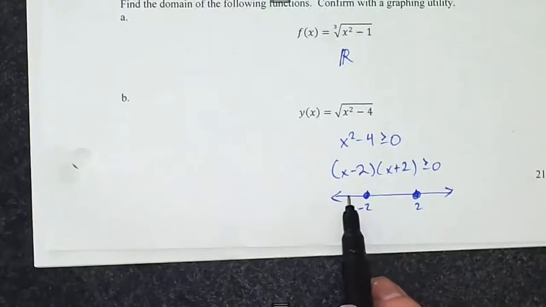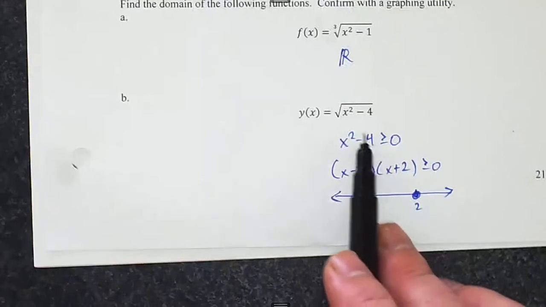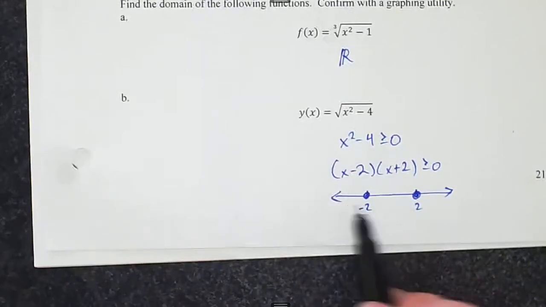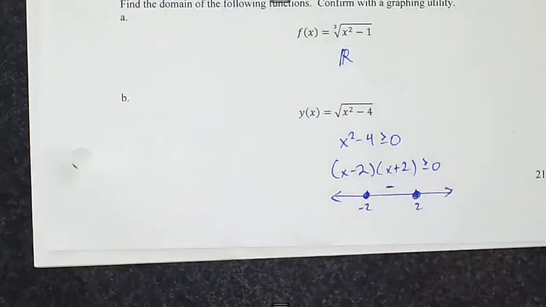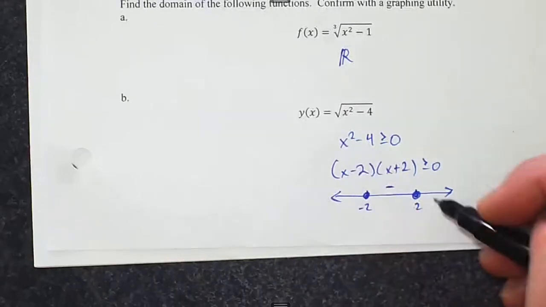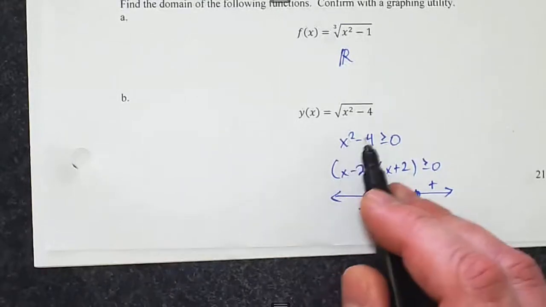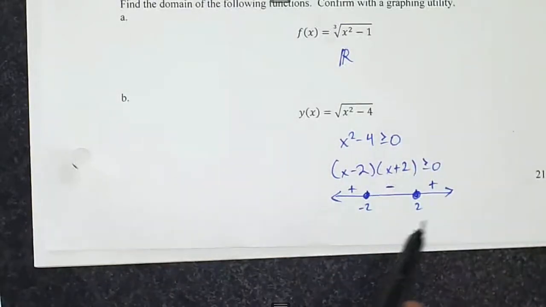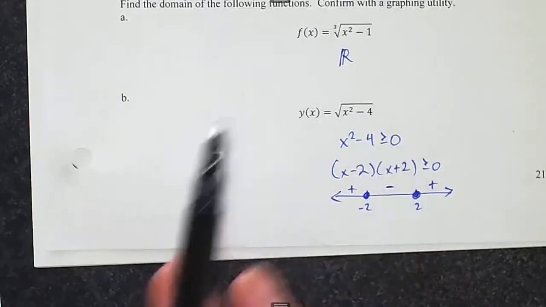If I check the regions here, I could do that, check each one, or I could think about the shape of this graph. Let's check the regions. If I try x equals 0, 0 squared minus 4 is a negative number. And if I try something like 4, 16 minus 4 is definitely a positive number. If I try a negative number like negative 4, it'll still be 16 minus 4. So what we're saying here is x squared minus 4 is negative only in between these two numbers here. And I can't square root those numbers, so they can't appear on my graph.